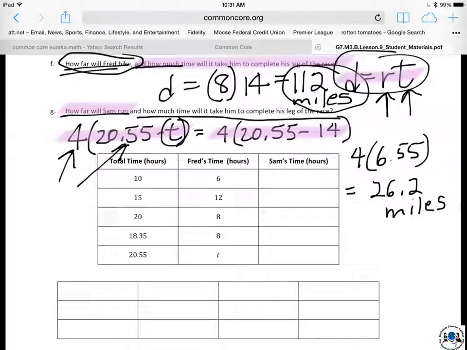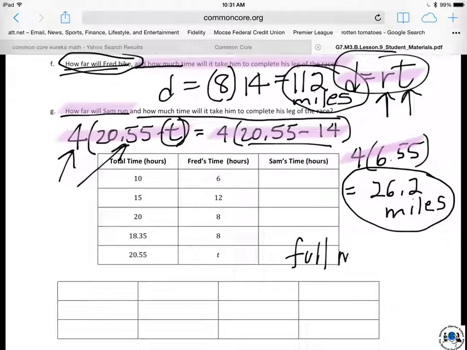We don't need to distribute; we can just do the subtraction within. Then we get 4 times 6.55, which gives us 26.2 miles. For those of you familiar with running, you know that is the length of a full marathon. So Sam is going to run a full marathon.